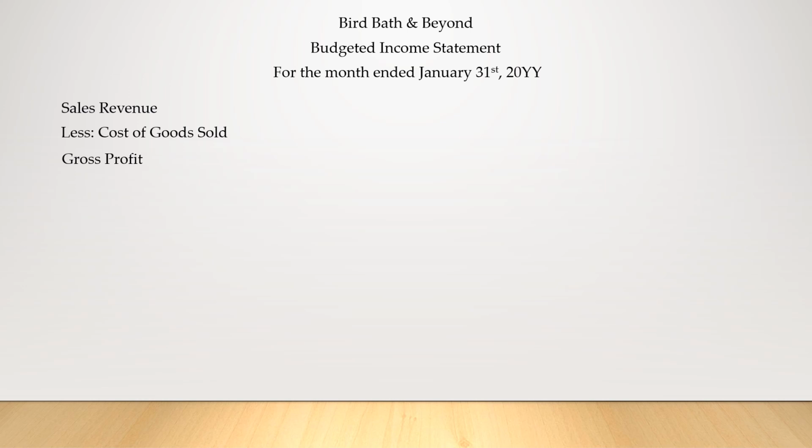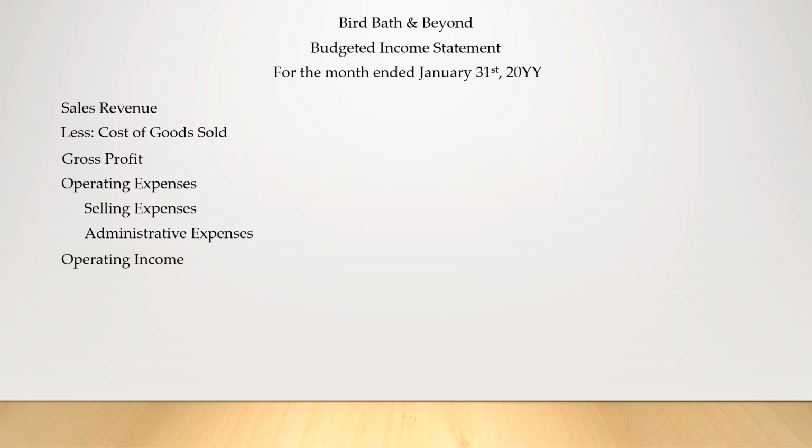From gross profit, subtract operating expenses grouped by selling and administrative expenses. This deduction yields the company's operating income. To that number, we add or subtract the net of other revenues and expenses. For Bird Bath & Beyond, we'll have interest revenue and interest expense. Then we arrive at net income.